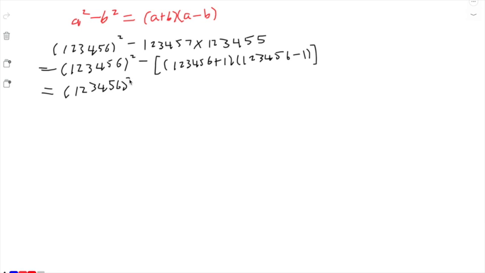So, yes, that will stay as normal, and we are going to multiply, obviously, using FOIL, the first term in the first bracket and the second term in the second bracket. That's going to be 123,456 squared.